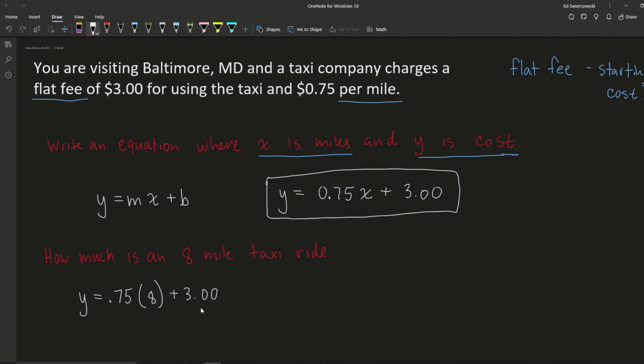So I encourage you to try this out. You can use a calculator if you need to. So when I go ahead and do this, 0.75 of 8 is going to be $6, and 6 plus 3 is equal to 9. So this is telling me that an 8-mile taxi ride is going to cost me $9.